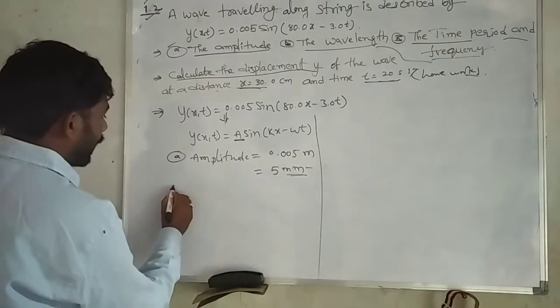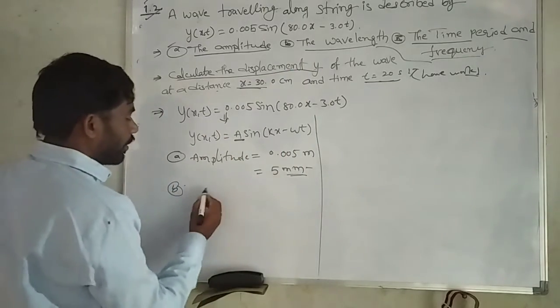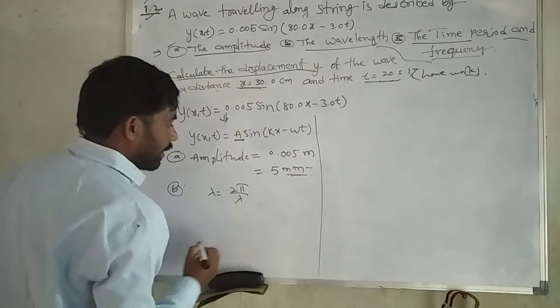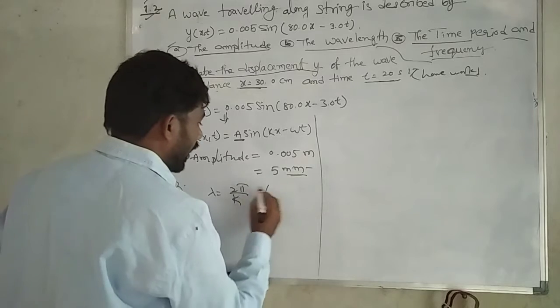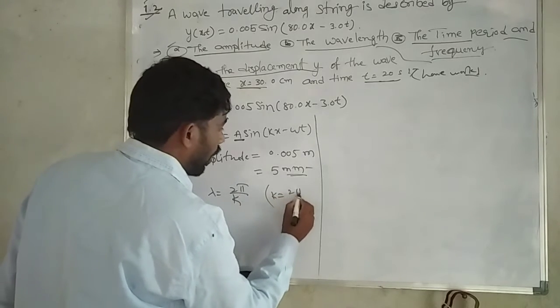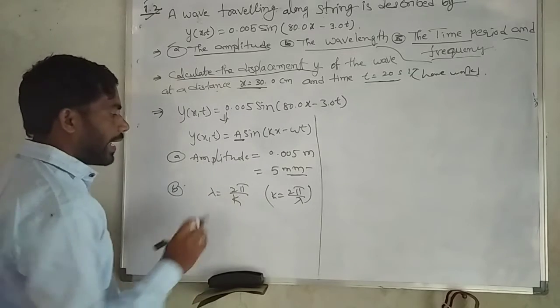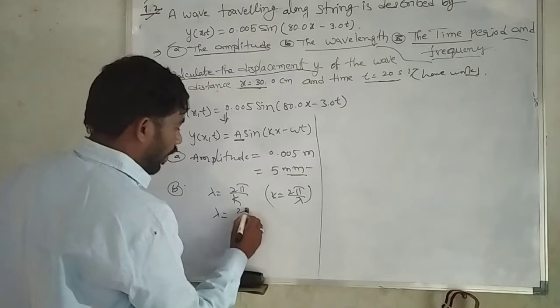Then B, that one is calculate the wavelength. Wavelength lambda equal to 2π by k. Previously we wrote k equal to 2π by lambda. This equation we rewrite as lambda equal to 2π by k.